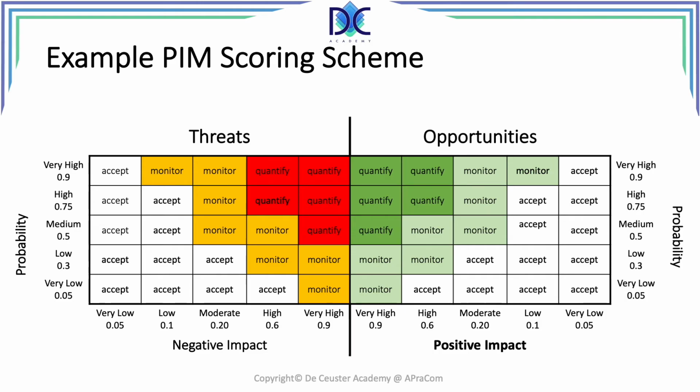We are developing measures, we are developing plans to avoid the threats, and the same thing on the side of the opportunities. When we are in the dark green zone, we're going to develop plans to make the opportunities happen. The principle here is defined in the project risk management plan, and that's what we're going to use once we go through the risk cycle, the risk process.